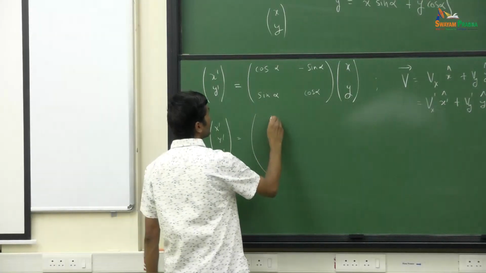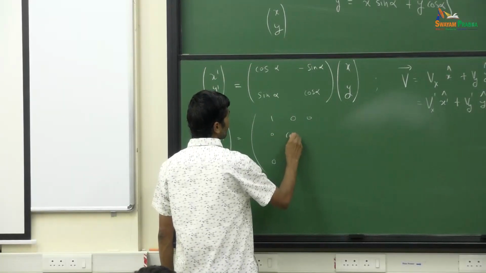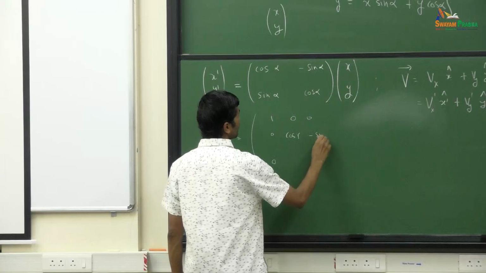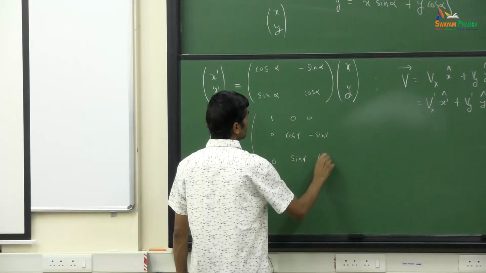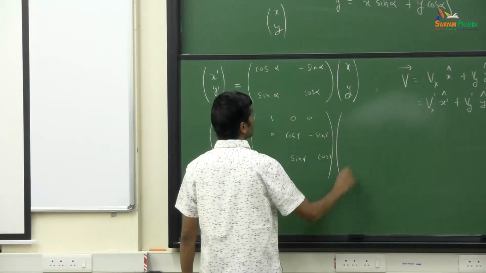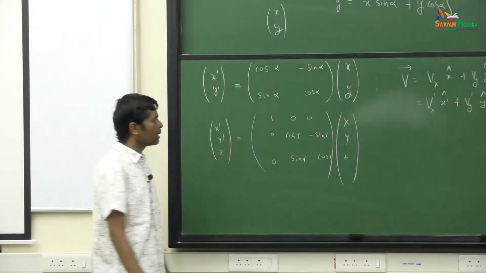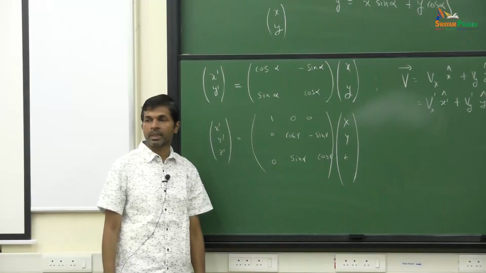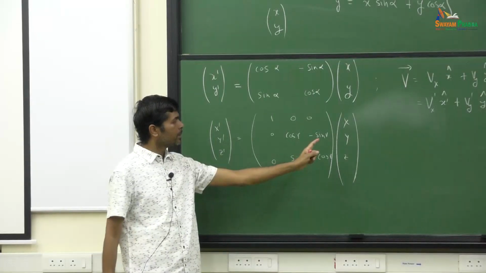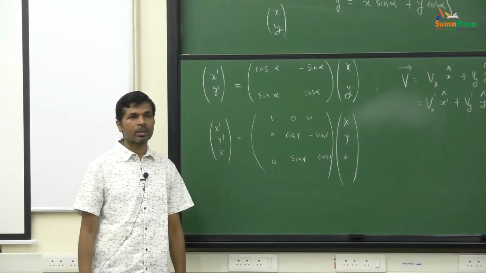So that will be 1 0 0, 0 cos gamma minus sin gamma, 0 sin gamma cos gamma, times x y z. So x prime will be x, y prime will be cos gamma y minus sin gamma z, z prime will be sin gamma y plus cos gamma z. This is how it will be.